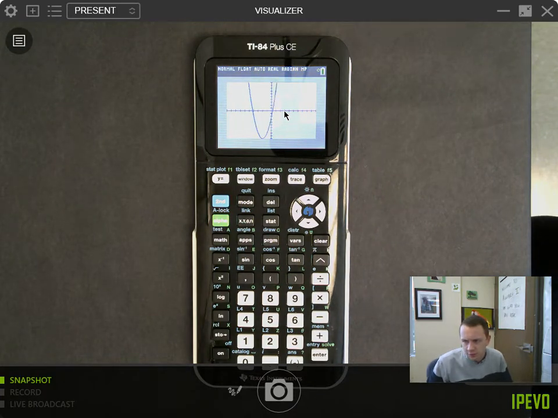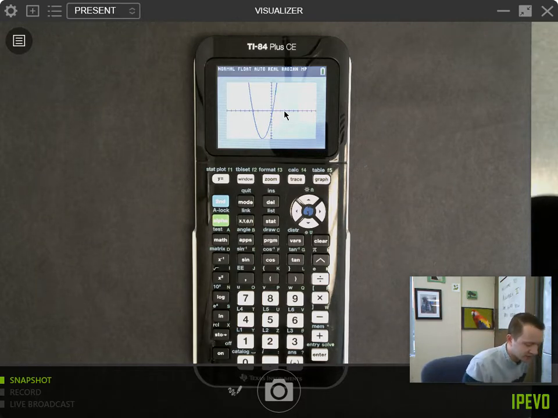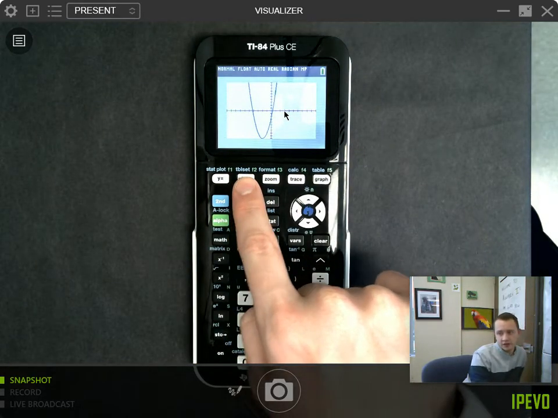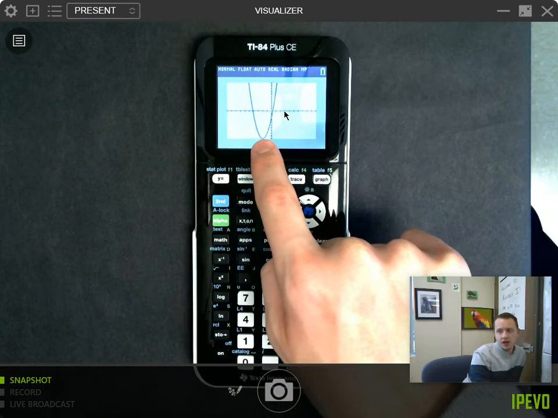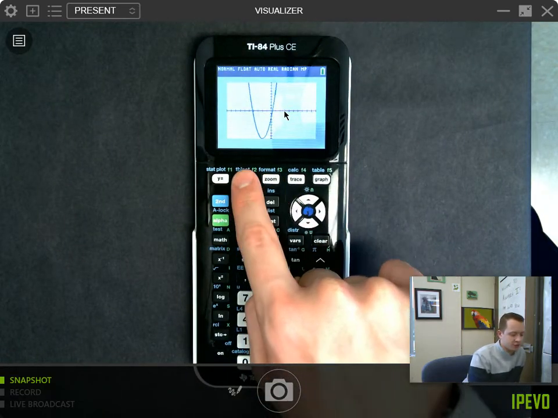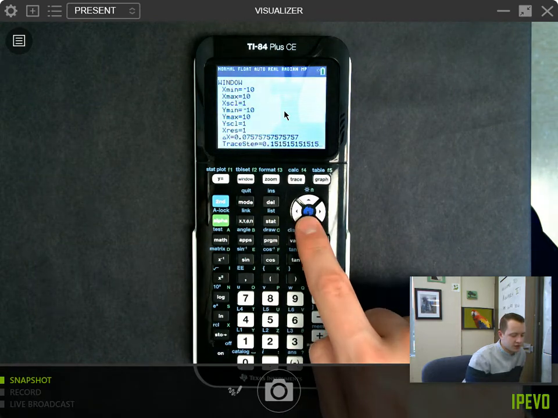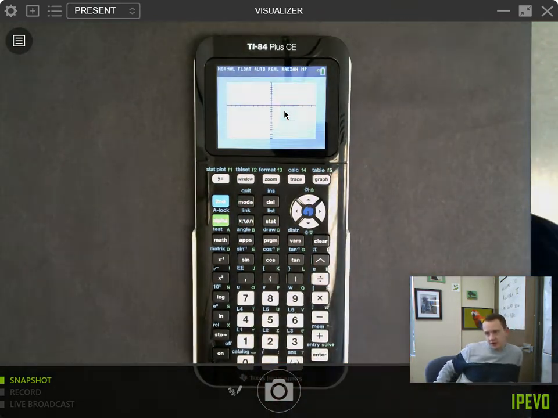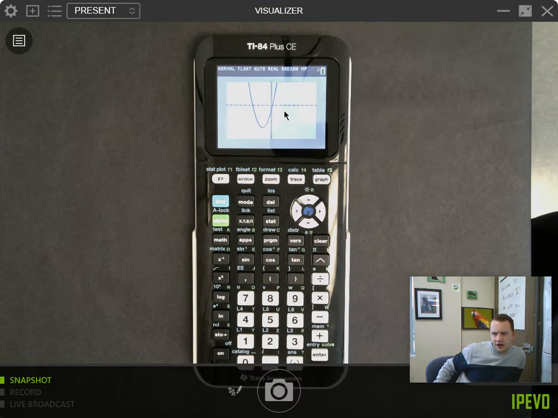And now it looks a little bit more like a parabola. Let's start by finding the vertex. And actually, I'm going to change the window a little bit because I don't really like that this is all the way down at the bottom of the screen right here. I would really like this to show a little bit more. So I'm going to change the y minimum to like -15. And you'll see what that does on your graph. It basically shows more of the graph up and down.